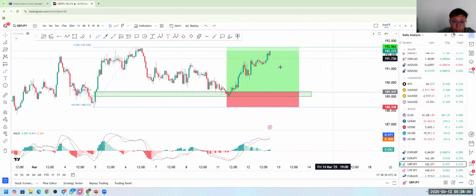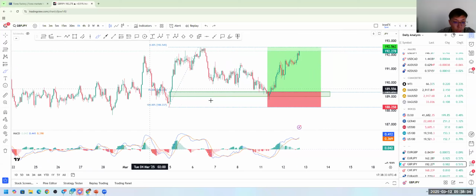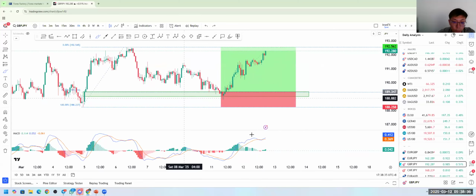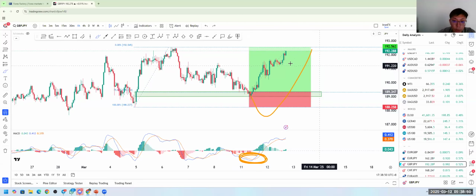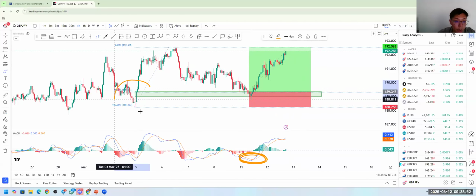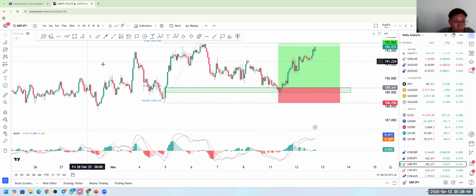If you trade reversals, it's okay also, just that you have to be careful of when the crossover happens. You cannot just rely on the crossover and say that the crossover already happened, so price is going to reverse to the upside. You have to align it with other confluences as well.